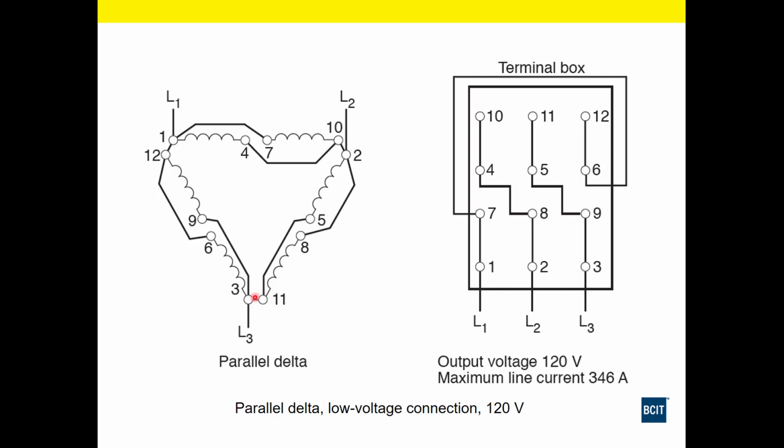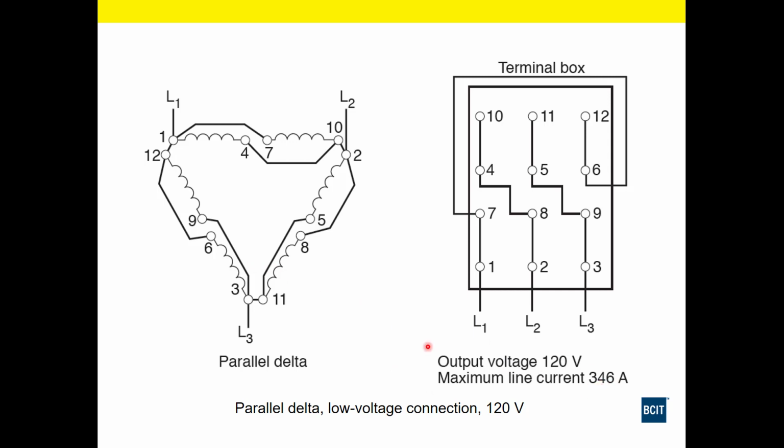Parallel delta low voltage. Each coil, remember, has 120 volts induced into it. So we parallel them now, and our line voltage is going to be the same as our phase, which is going to be 120 volts. Now because we paralleled them, look what happened to our current.